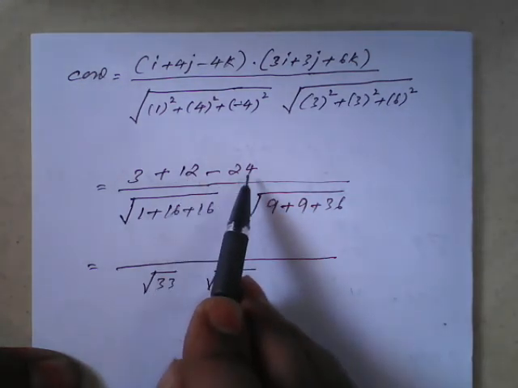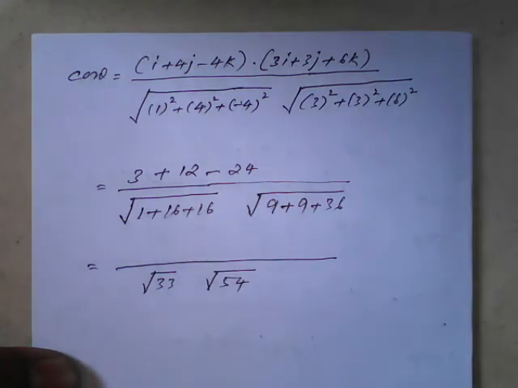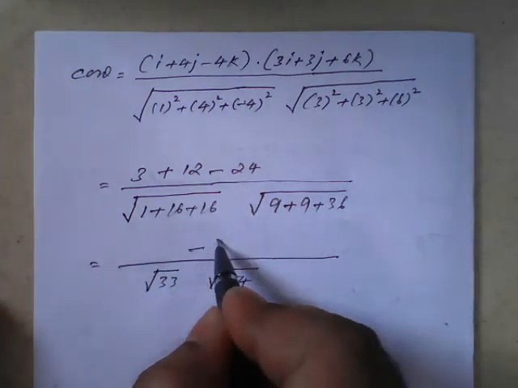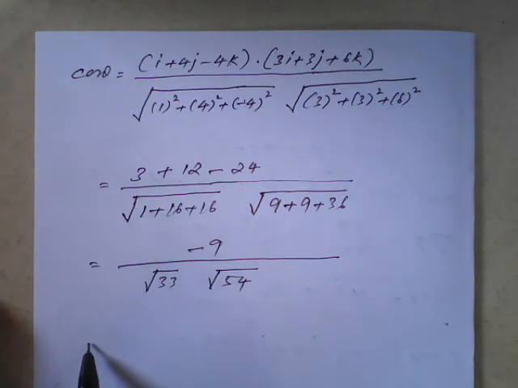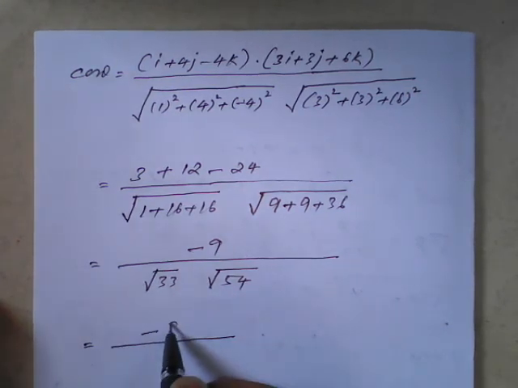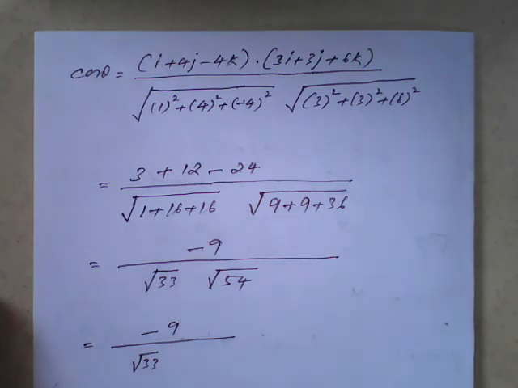So 12 minus 24 is minus 12, minus 12 plus 3 is minus 9. So on simplification, minus 9. Root 33 will be as it is, and root 54 we can write as 3 root 6.